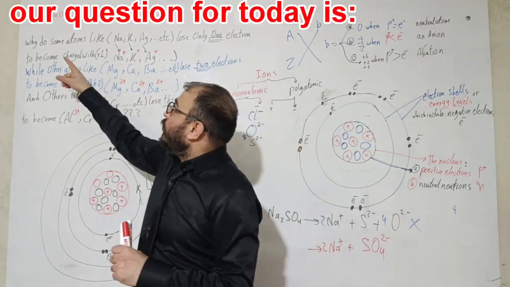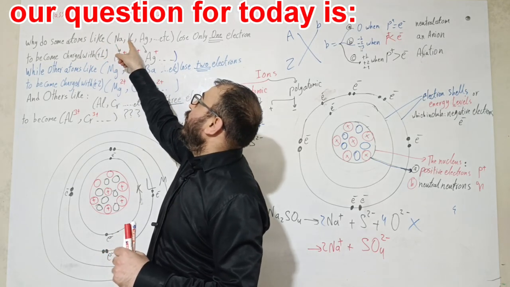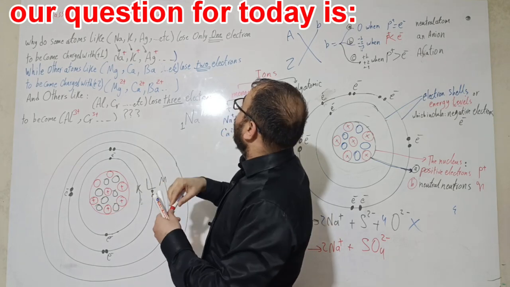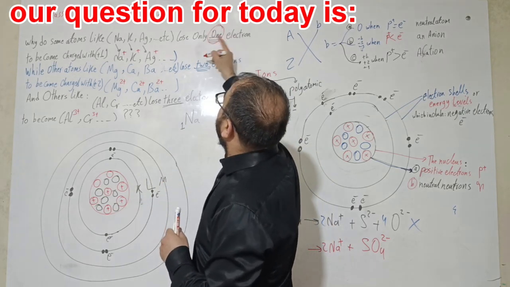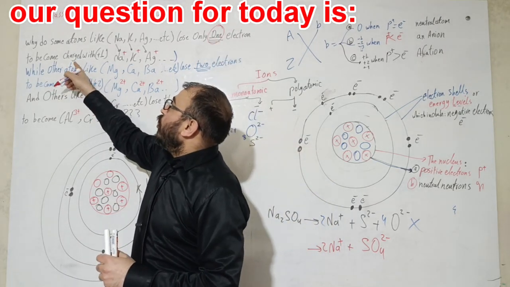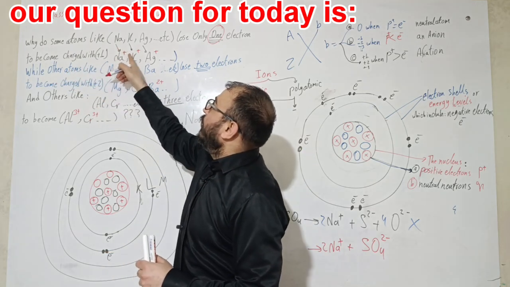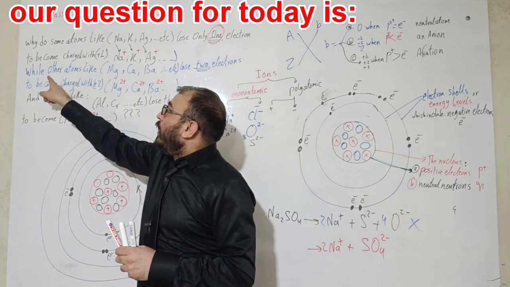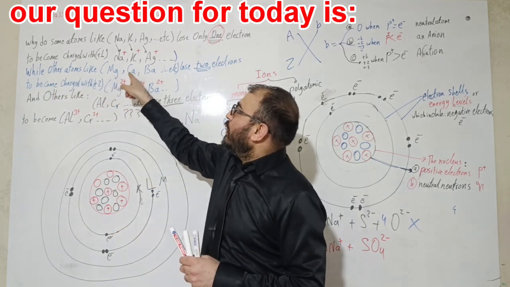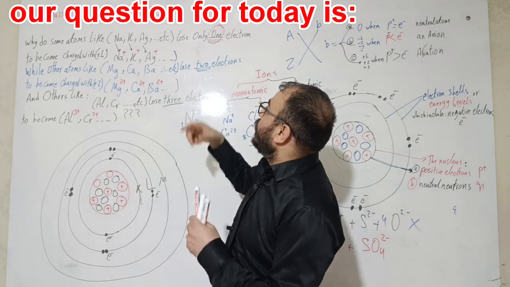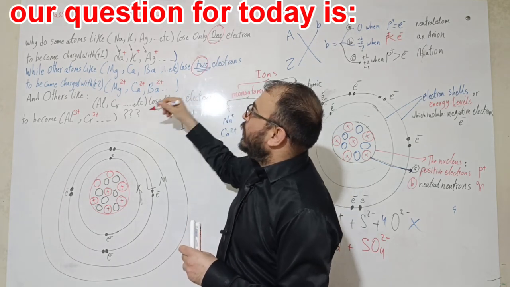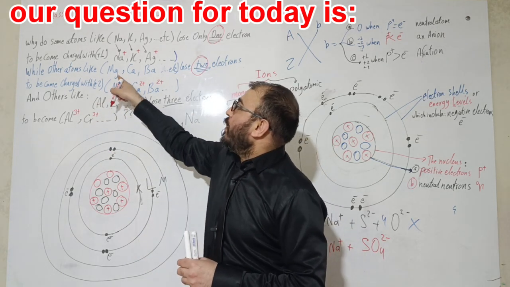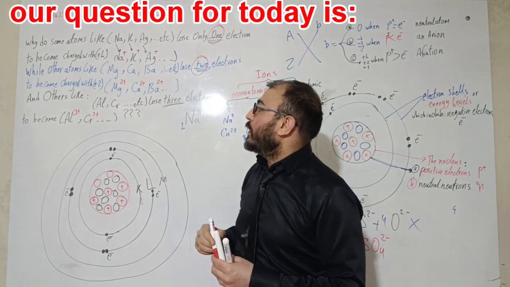The question is, why do some atoms like sodium, Na, potassium, K, or silver, Ag, lose only one electron to become charged +1, while other atoms like magnesium, calcium, barium, etc. lose 2 electrons to become positively charged +2, like magnesium +2, calcium +2, and barium +2.